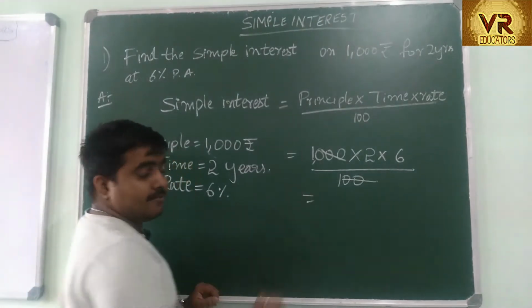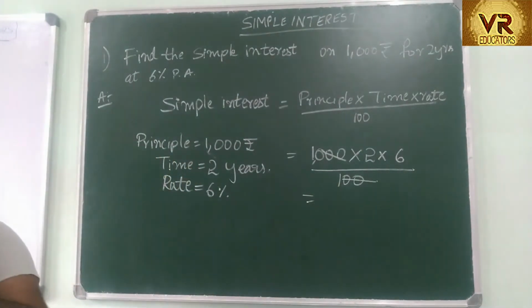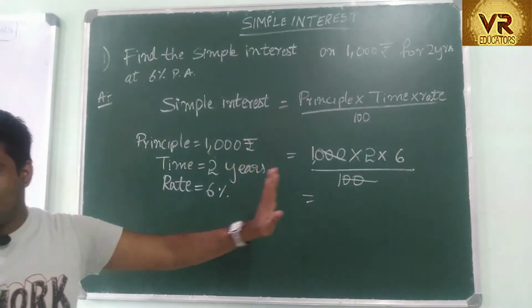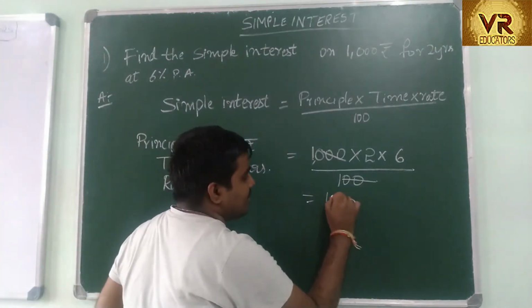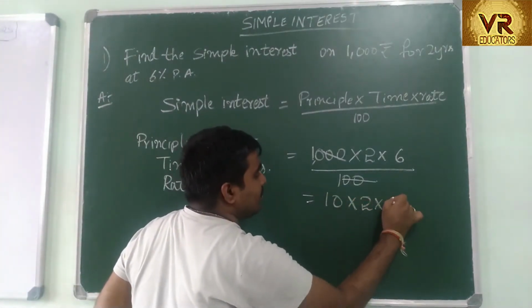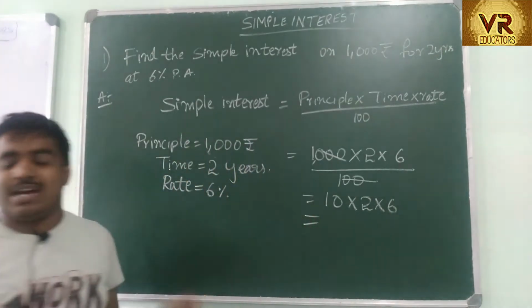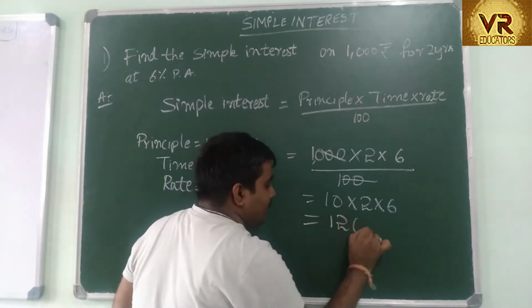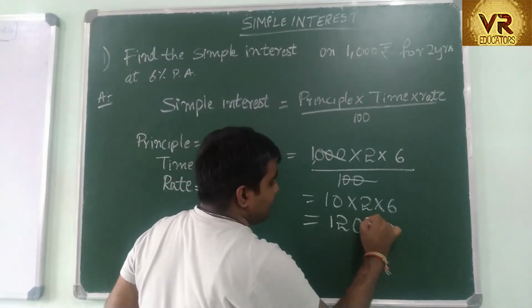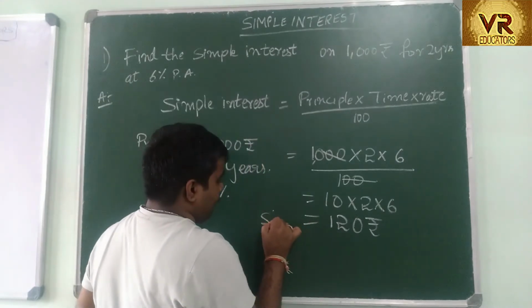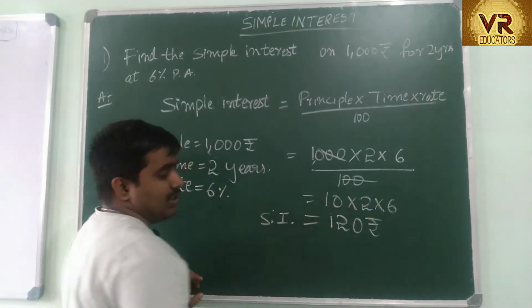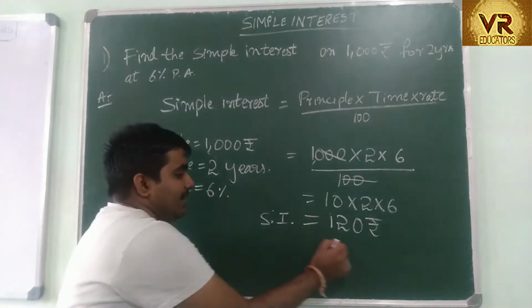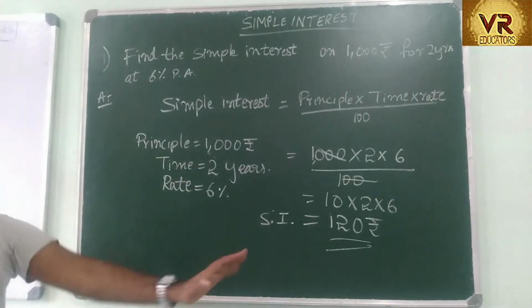The remaining part is 10 into 2 into 6. So the answer is 120 rupees. You have to pay simple interest of 120 rupees.